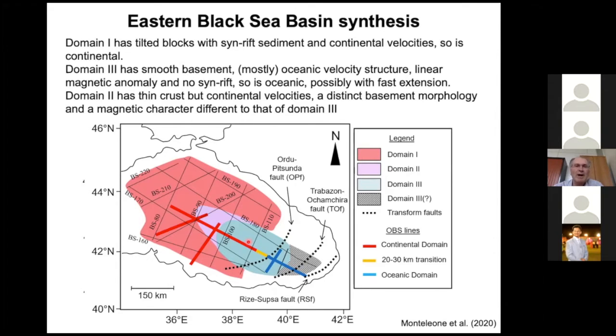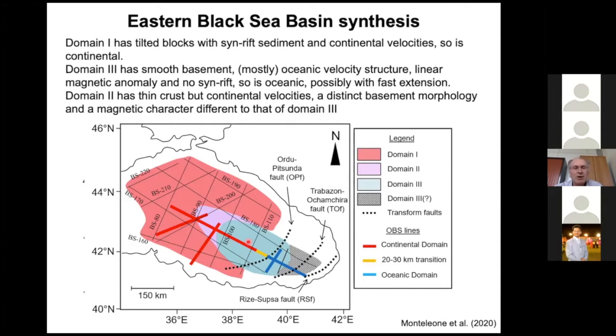It has this one linear magnetic anomaly, and there's no sign of any syn-rift sediments, no sign of anything being tilted by faulting post deposition. It's all very flat. So we interpret this as oceanic, and being sort of flat and smooth, maybe as fast spreading oceanic. I mean, we have no constraints at all on the extension rate here.